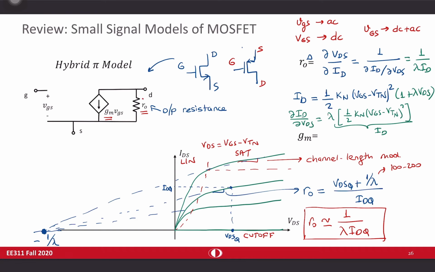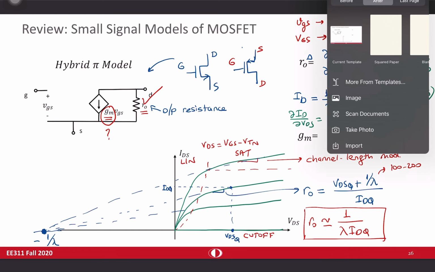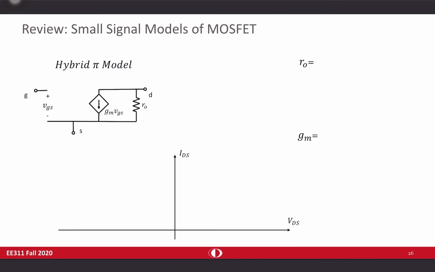Now we know this output resistance. We don't have any problem with this output resistance. The second part is finding this GM. Okay. So let's solve that GM. Now GM is unknown, so let's try to find GM.